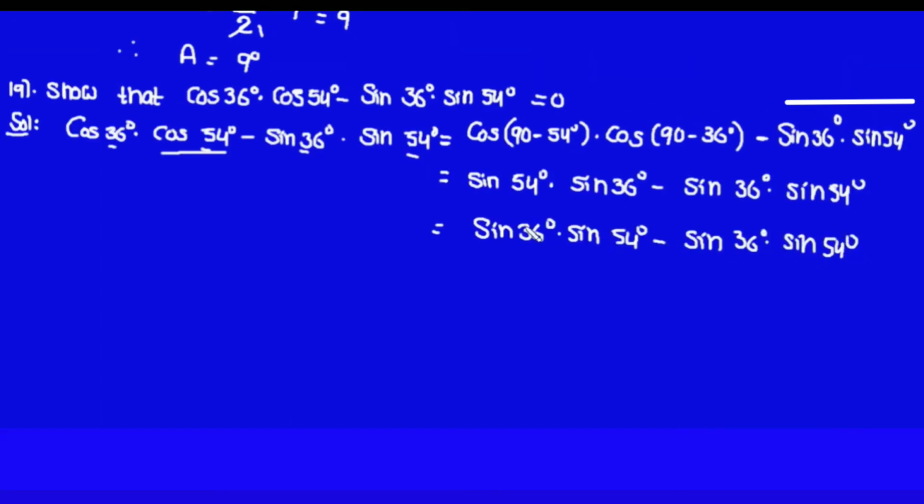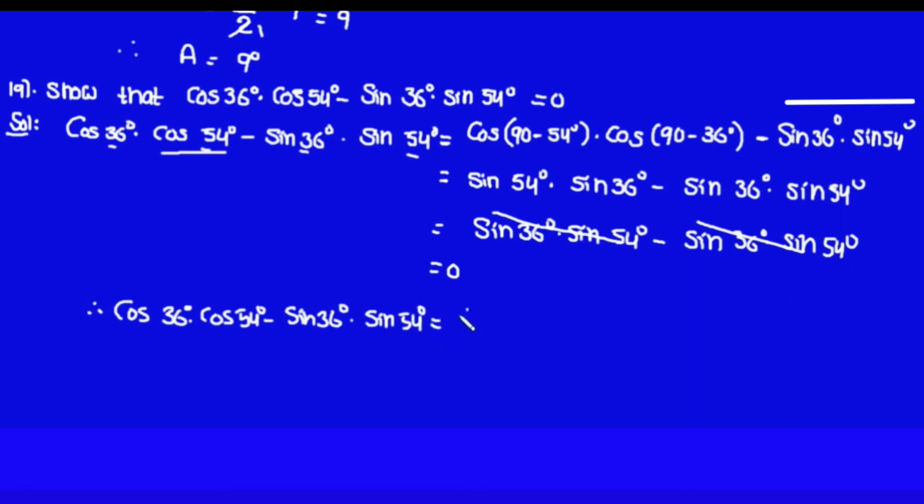We can cancel the plus term and minus term. Finally, we will get 0. Therefore, cos 36 degrees multiplied by cos 54 degrees minus sin 36 degrees multiplied by sin 54 degrees is equal to 0.